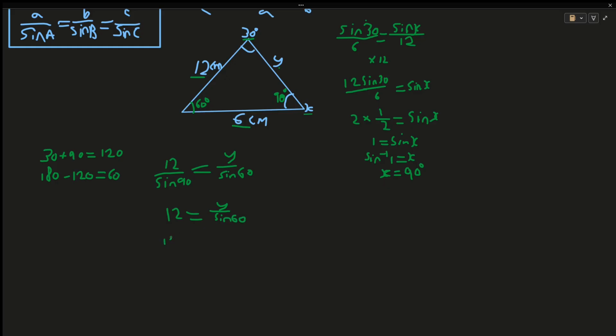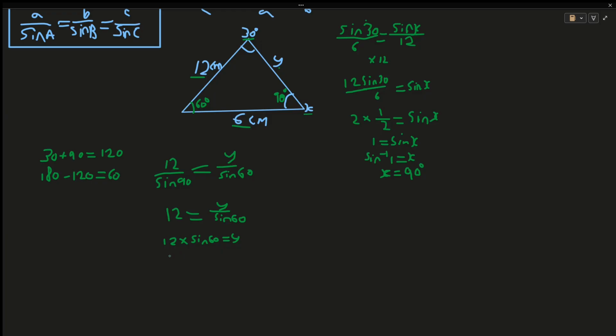So then we got 12 times sine 60 is equal to y. So then 12 sine 60 is root 3 over 2.